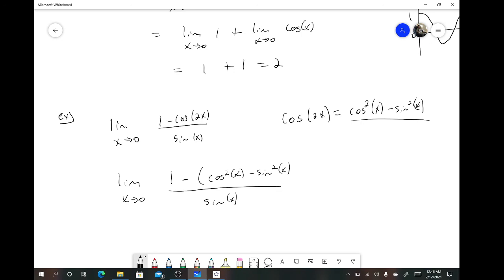Now here's the interesting thing, but before we do it, let's see what happens. So we're going to distribute this negative sign.